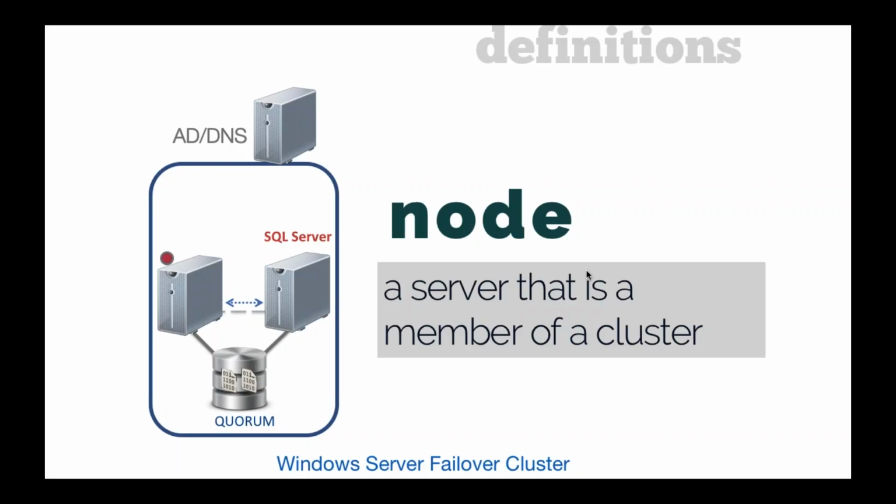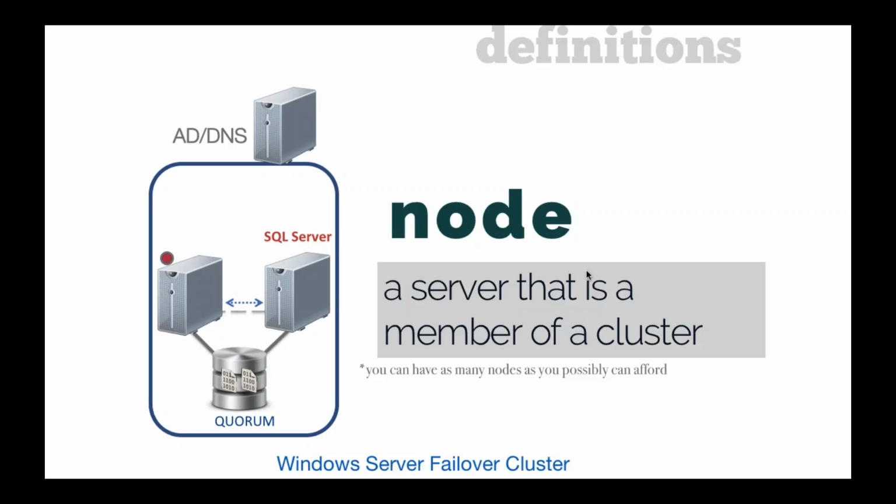The first one is a node. I mentioned this briefly earlier. A server that acts as a member of the failover cluster is called a node. I'm going to highlight each of these components using the red circle. Now, you can have as many nodes as you can afford.